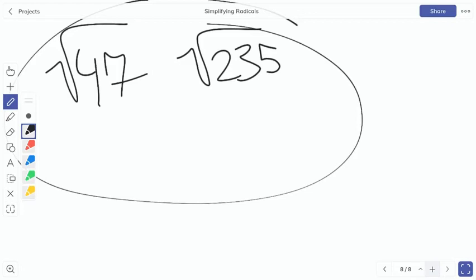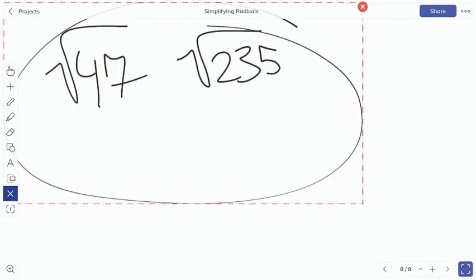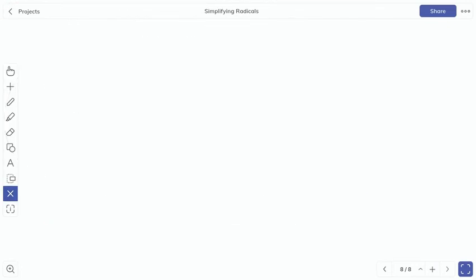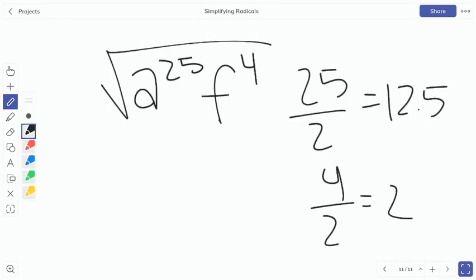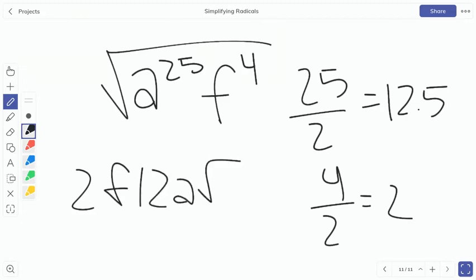Wait, I gotta redo that. You want me to just repeat that whole thing? Yeah. So we have 2f, 12a, square root a. It's not an a. You want me to write that? If you don't want to erase the whole thing, then just click on the eraser.